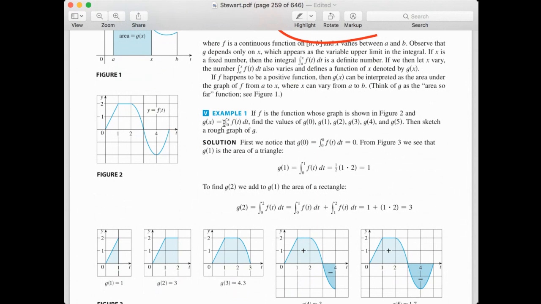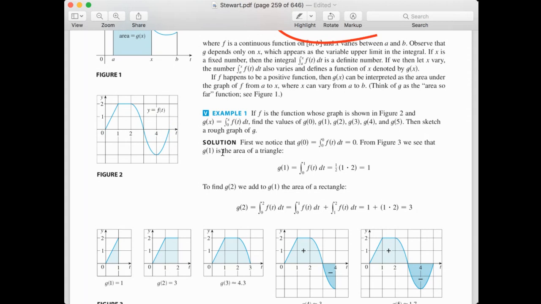So we call g of x the integral from 0 up to x of f of t dt. What do we want to do? We want to find the values of g of 0, g of 1, g of 2, g of 3, g of 4, g of 5. We want to find the area from 0 up to 1, from 0 up to 2, up to 4, up to 5.